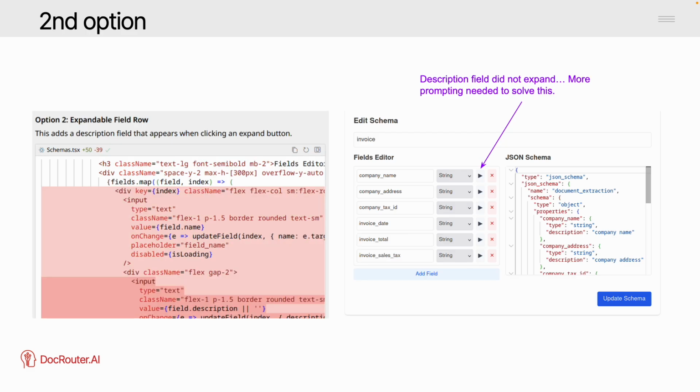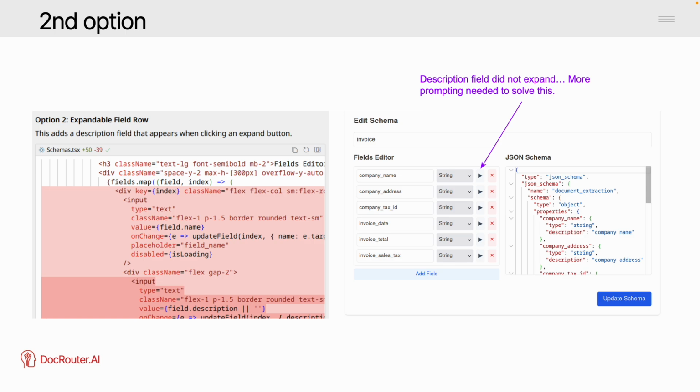The second one was an expandable field row, where you have an arrow button that when you press it, it expands, and then you can edit. But again, the first draft from the first prompt put the component there, but if I click on it, it didn't work. So it would require a few more prompts to sort it out.